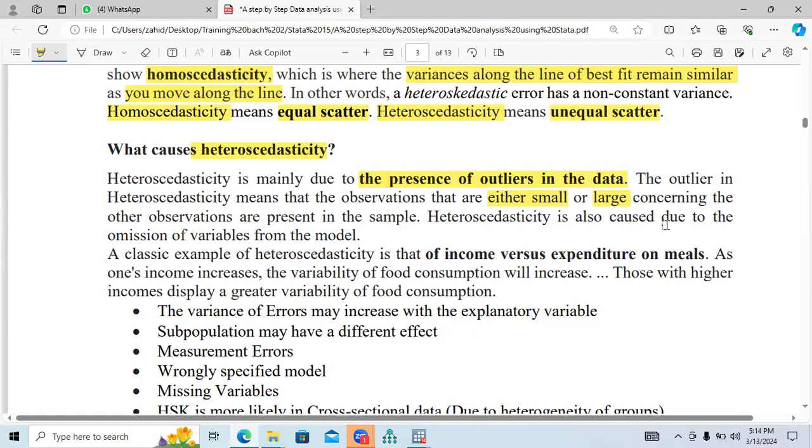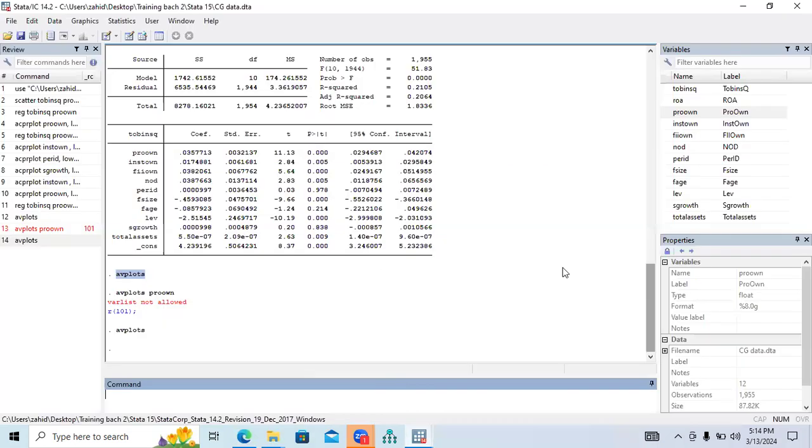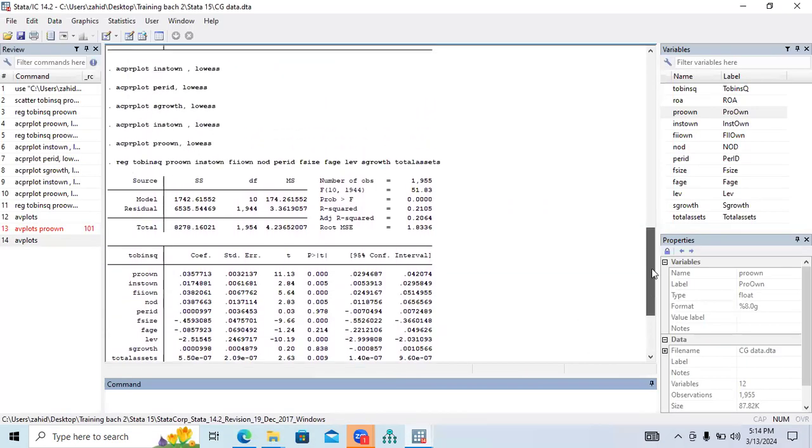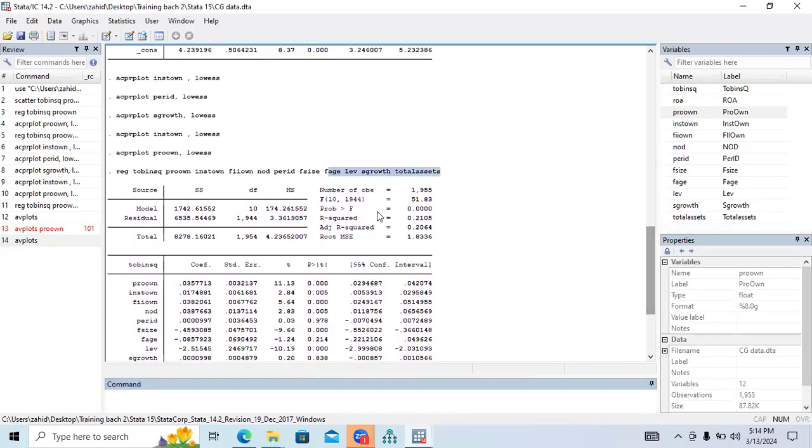Heteroscedasticity is also caused by omission of a variable from the model. Sometimes we may omit some important variable in the model. Like if you see our model, there are some variables located here, but our R square is very small.